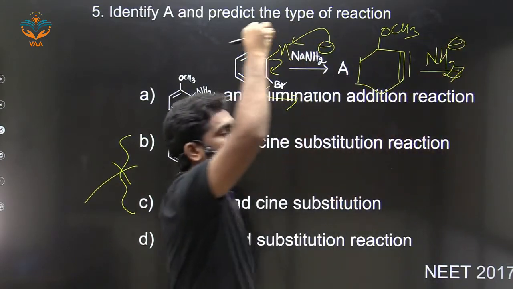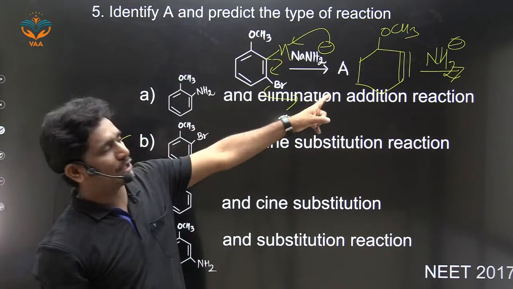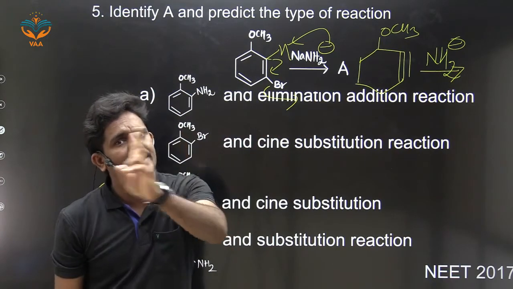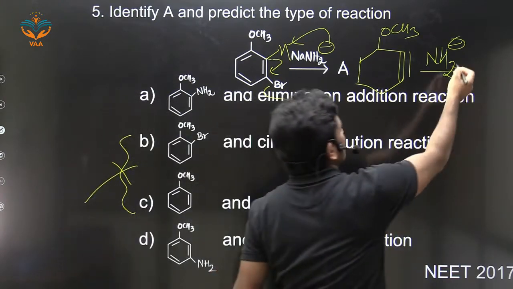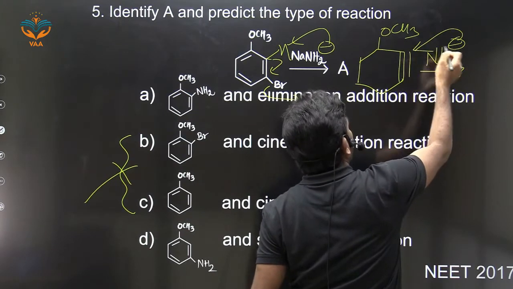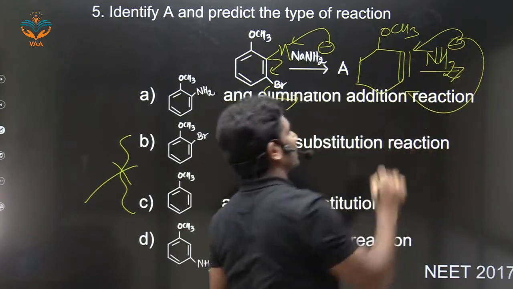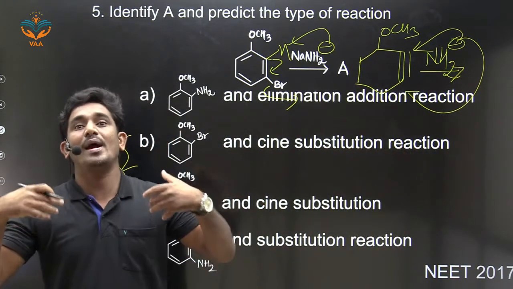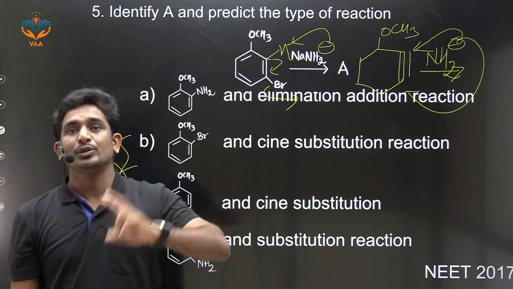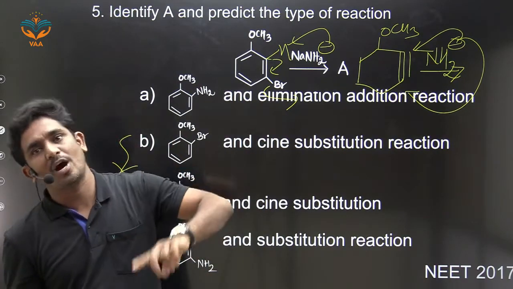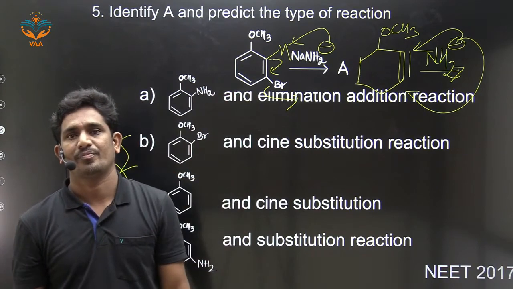Now this NH2 minus will react with that intermediate. There are two possibilities here, right? NH2 minus can attack at this carbon, or it can attack at the other carbon atom. But where will it attack? That is important.